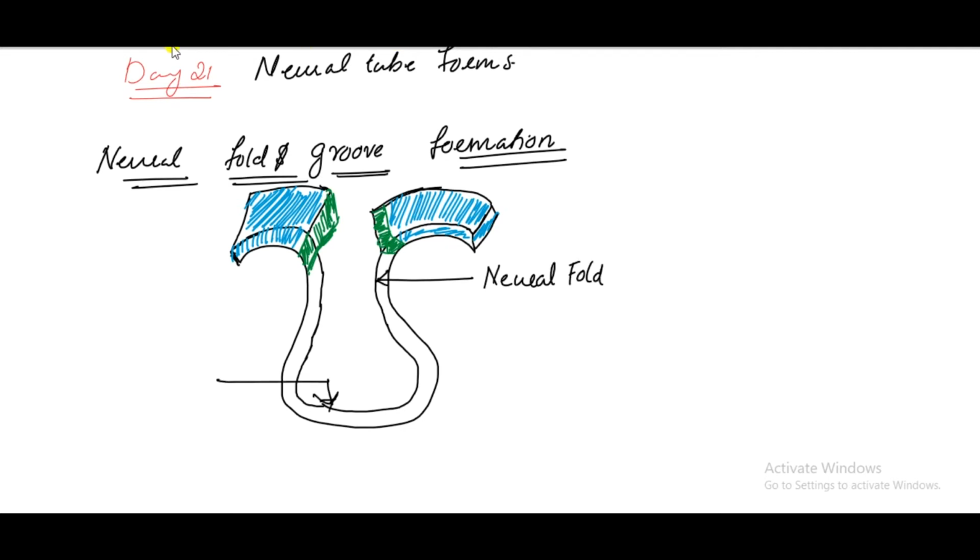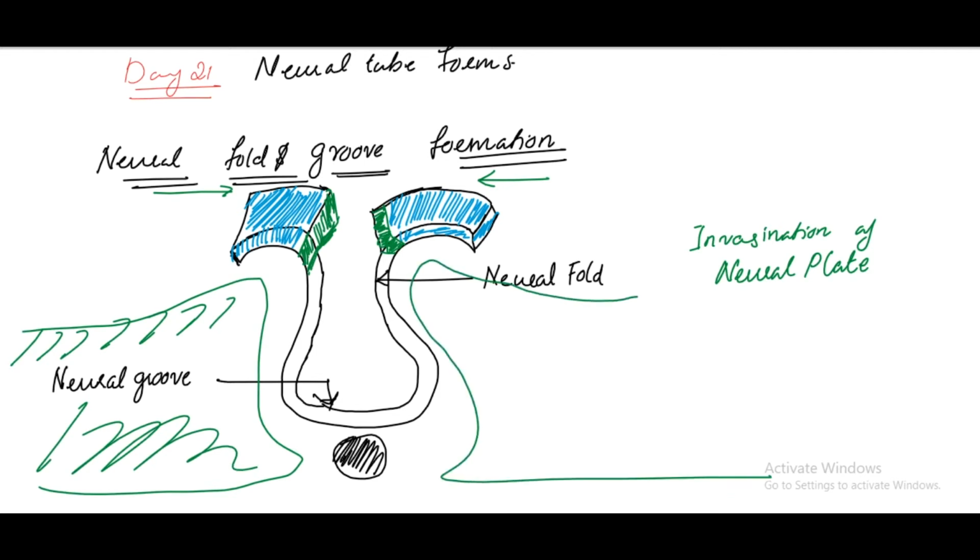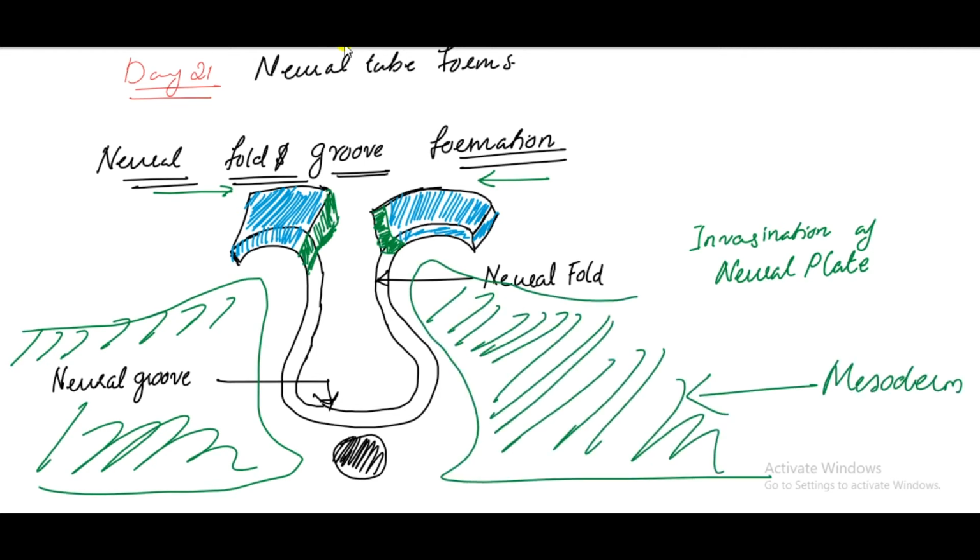You can see the neural fold, and you can see a neural groove. The invagination of the neural plate will occur. Now mesoderm and notochord you can see here, and also the endoderm.